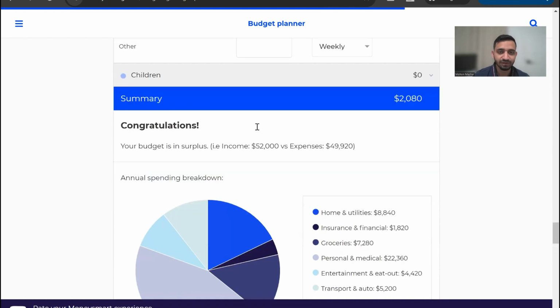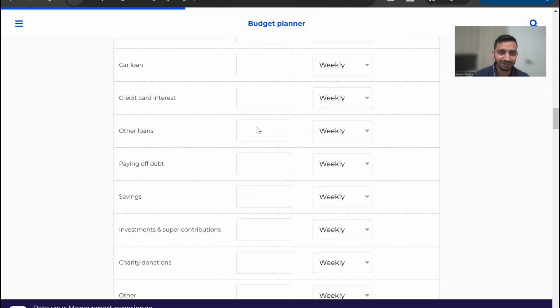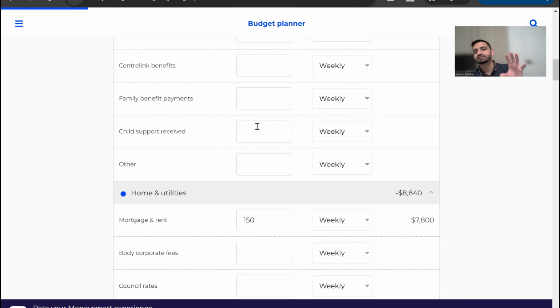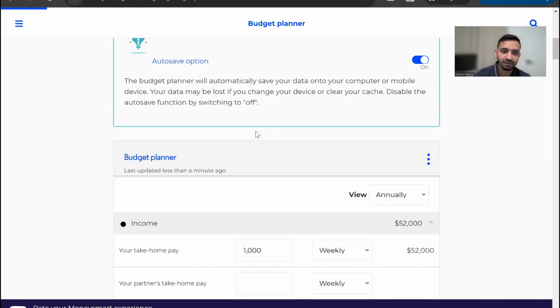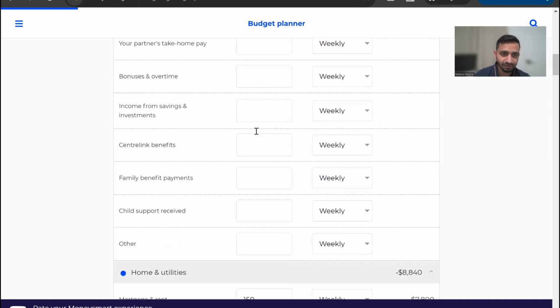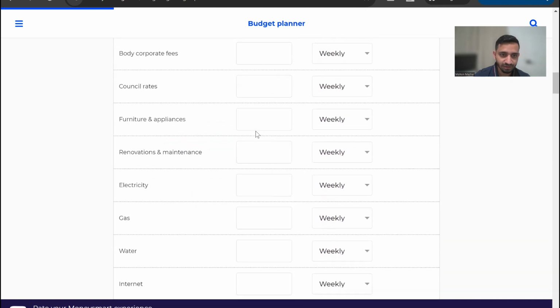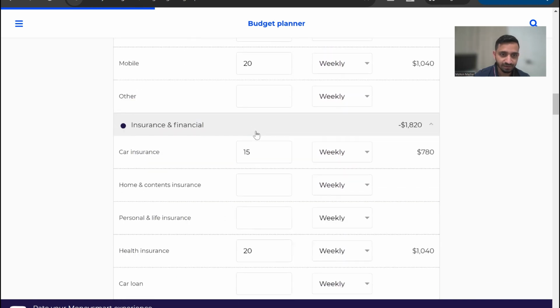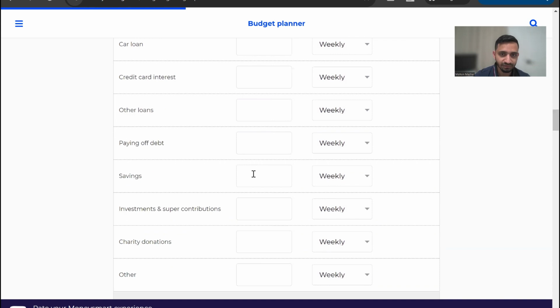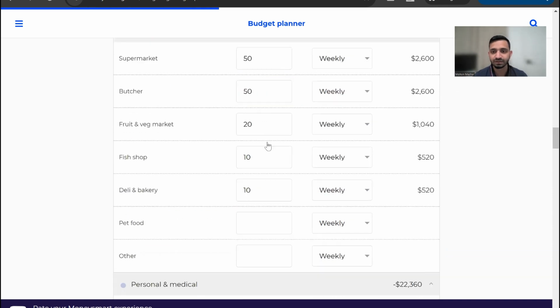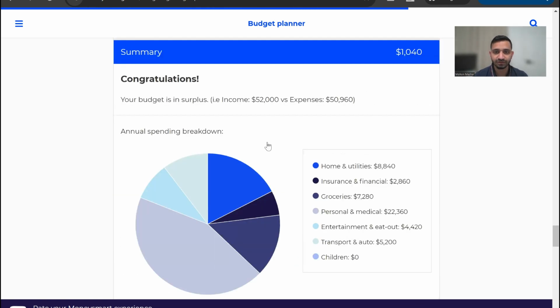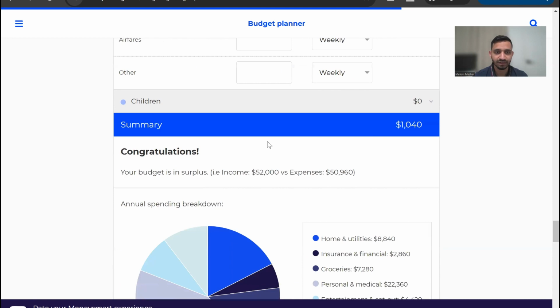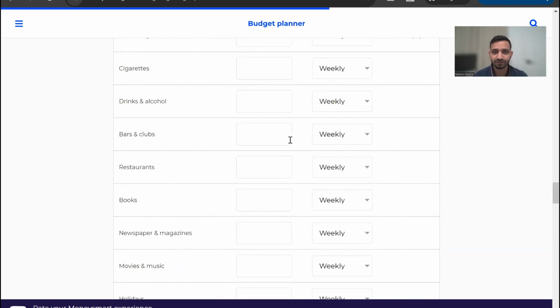And it's very important that you also put money in savings. So you should have something for your rainy day. If you come up here, the next one down, loan savings. So you definitely need to have some sort of savings, about $20 a week. And now if I check everything, it says, okay, congratulations, you've got about $1,000 still in surplus.